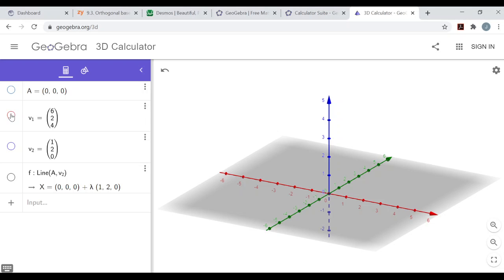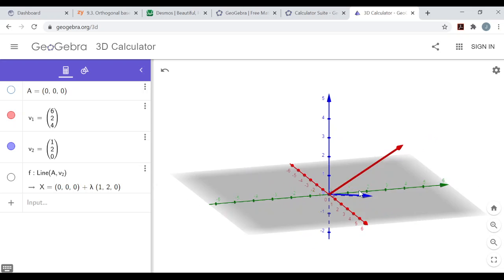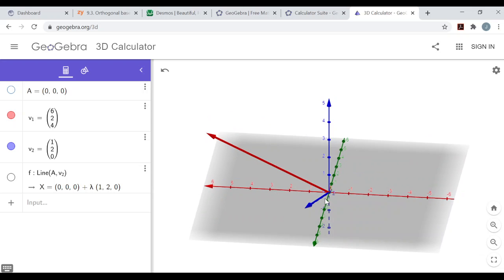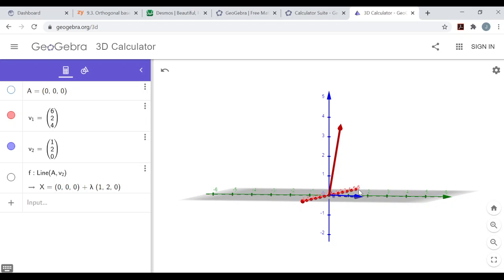So here's 6, 2, 4 in the red vector there. Here's the vector 1, 2, 0. Now notice that the third component is 0, so it's just on that plane, right? Can you see how it's on that plane with the green and red axes? And you can definitely see that these are not perpendicular already. Just taking a look at these guys here.